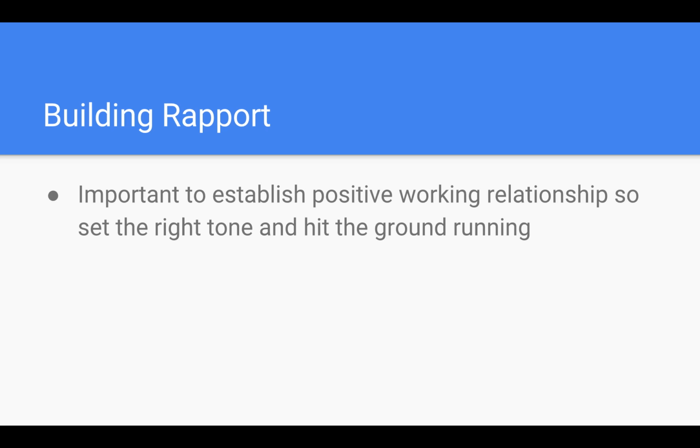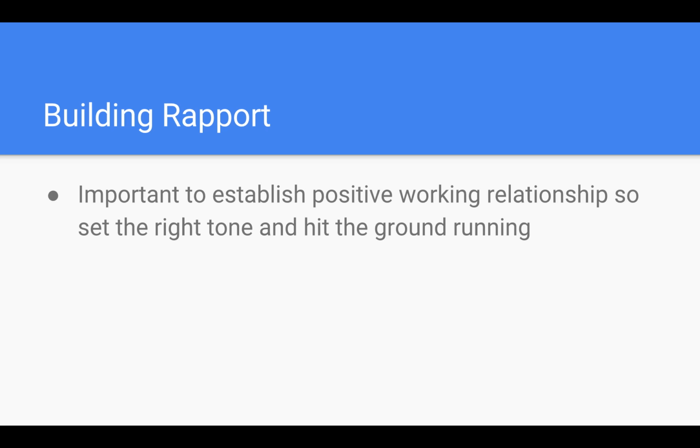You want to build this rapport because your patient is your partner, essentially. Your partner in trying to minimize any negative impact of whatever the deficits are on their day-to-day life, right? It could be hearing loss, it could be tinnitus, it could be dizziness.